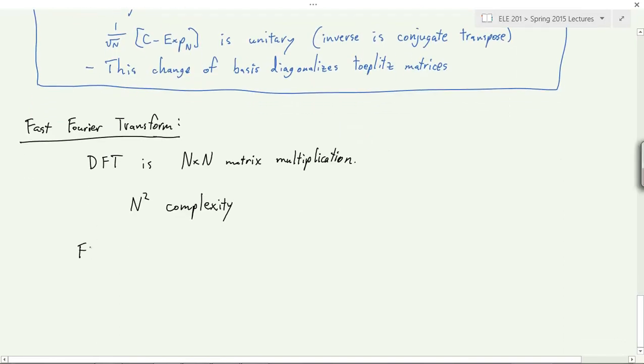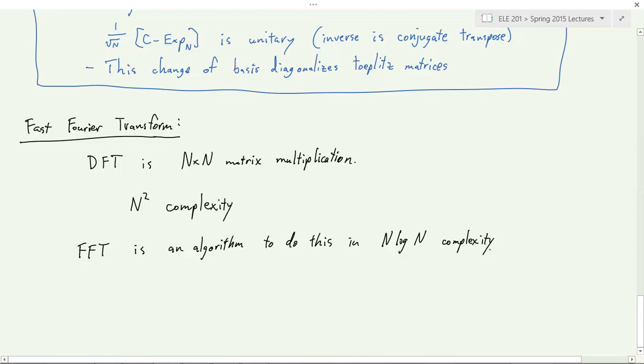So the FFT is just an algorithm to do this in n log n complexity. So it turns out that the structure of the DFT matrix, which, as we saw, has a very nice structure, you can take advantage of that and actually do this matrix multiply in n log n time.